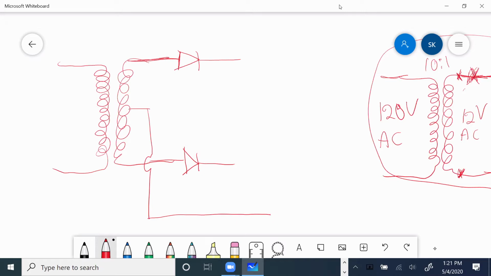I forgot. Where do I put the load? Oh dear, how do I do the load? I forgot how to.